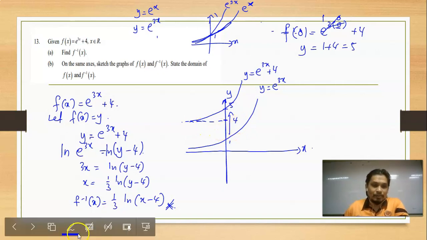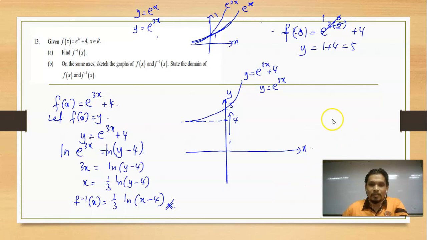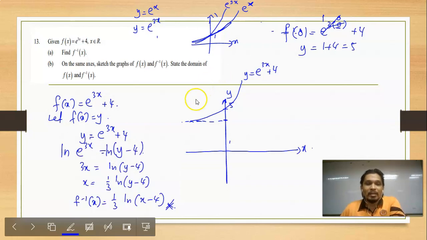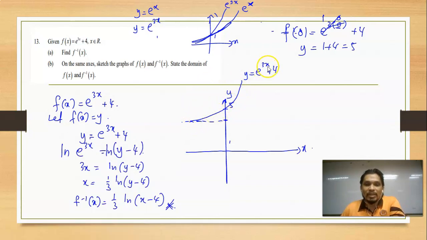Clear this and this one here and here. There you go. Now this is the graph of y equals e power of 3x plus 4, and this is y equals 4. To sketch the graph of f and f inverse on the same axis, we need an extra line, the function y equals x.